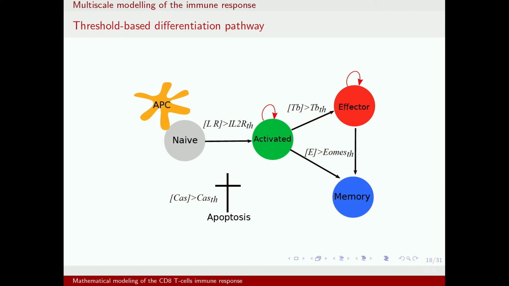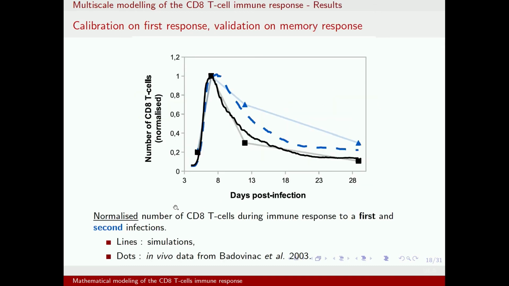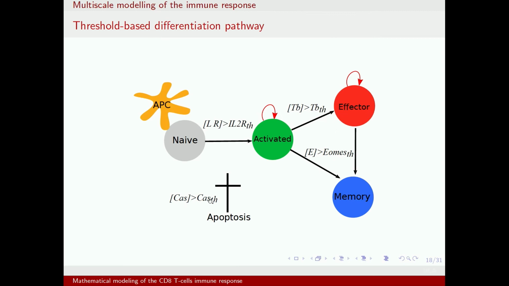There is a threshold on the protein Tibet so that the cell can become effector, a threshold on the protein EOMES so that the cell can become a memory cell and stop proliferating. And finally, there is a threshold on another family of protein, the protein caspase, so that if this concentration crosses this threshold, then the cell dies immediately.